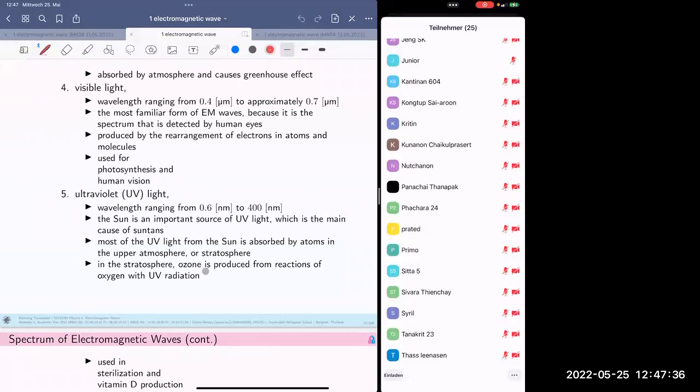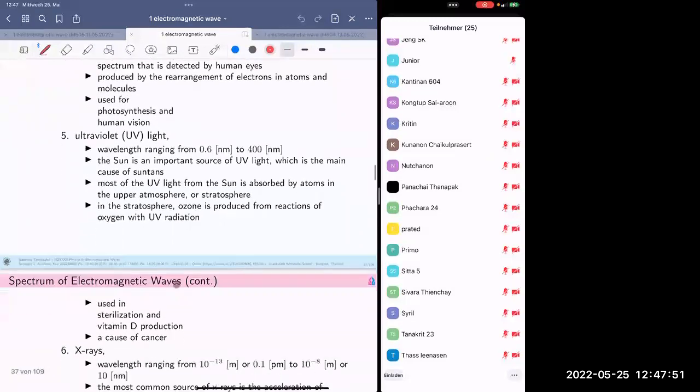In the stratosphere, ozone is generated by ultraviolet light, through the reaction between oxygen and ultraviolet radiation.